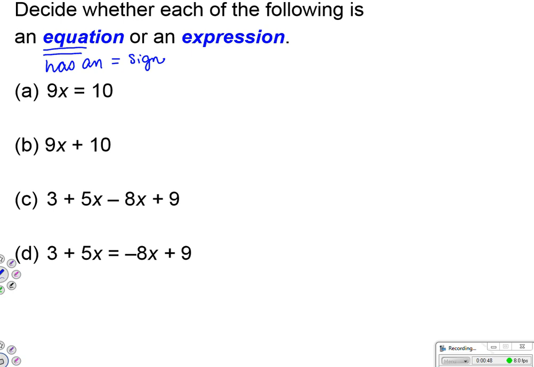It states that the left side equals the right side, whereas an expression is kind of an incomplete thought, kind of like a sentence fragment, you could think of it as. So 9x equals 10. Well, I see that equal sign, so hey, this must be an equation. 9x plus 10, no equal sign. So that makes this just an expression.